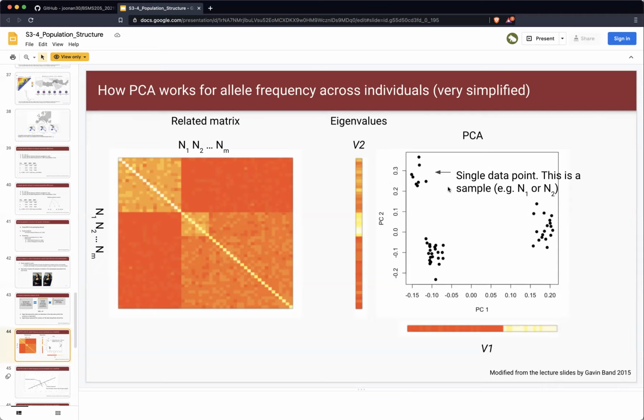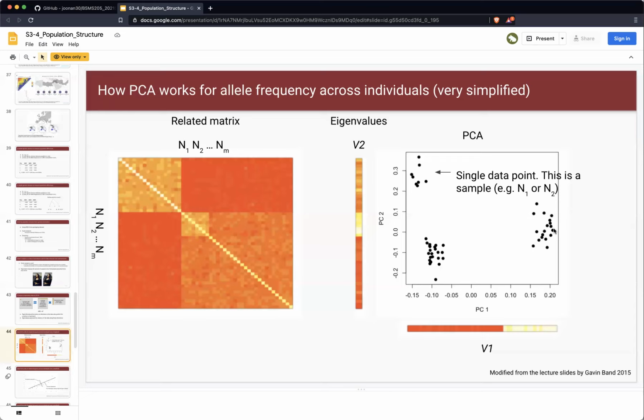And then you can explain that these individuals are from a certain population, let's say population 1, population 2 and population 3, because we know that the allele frequency is explaining the population structure, right? So this is one assumption. And then this underlying population structure has to be represented as differences in allele frequency, right?